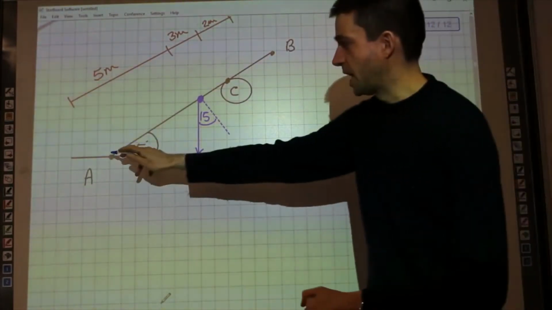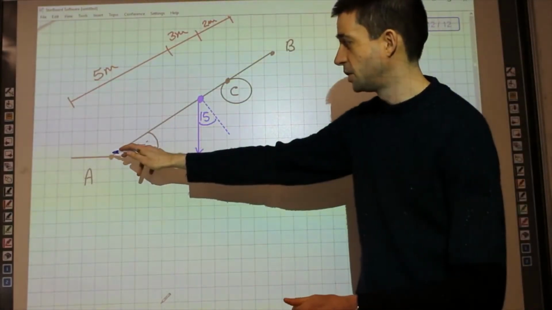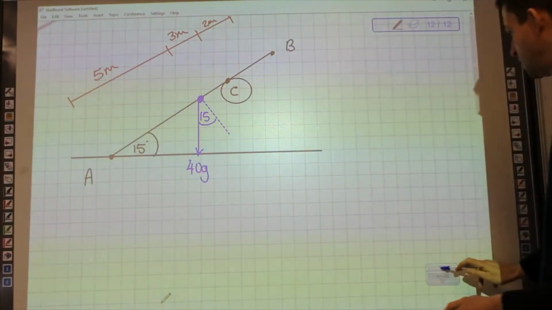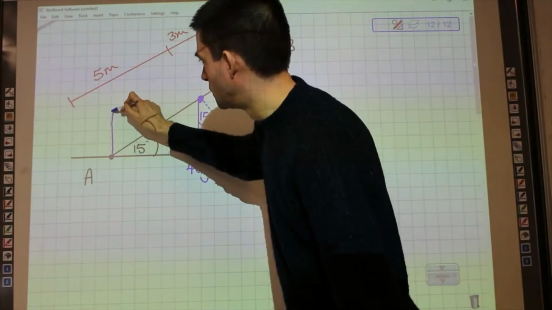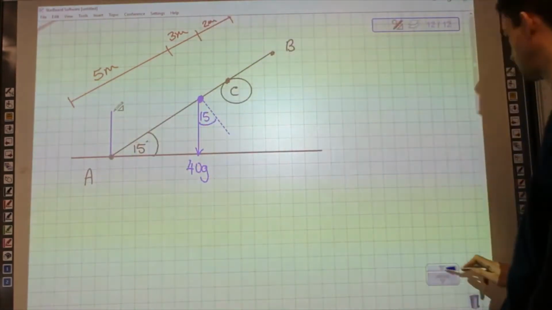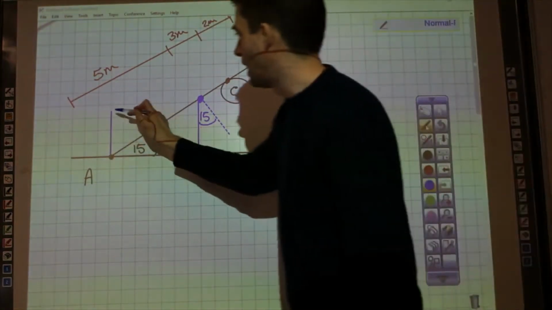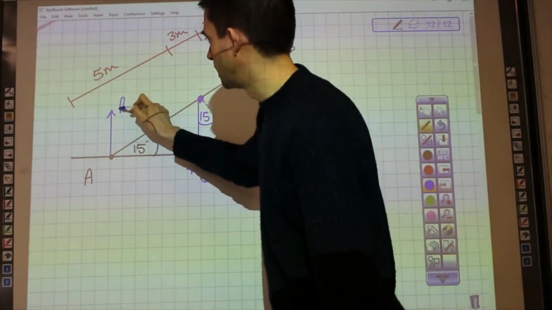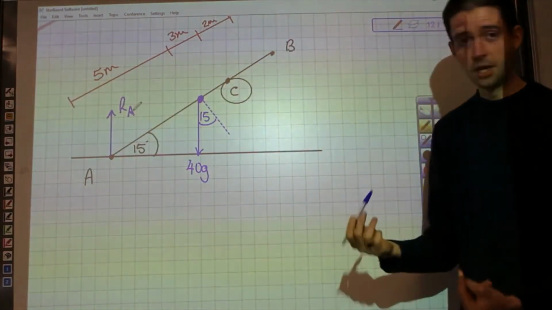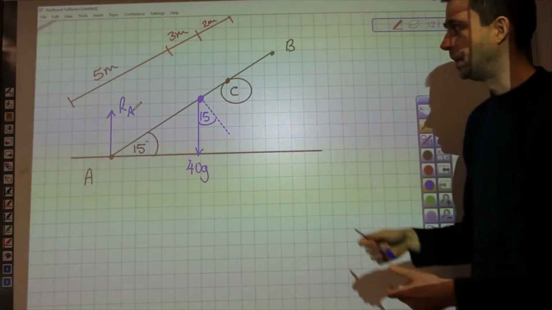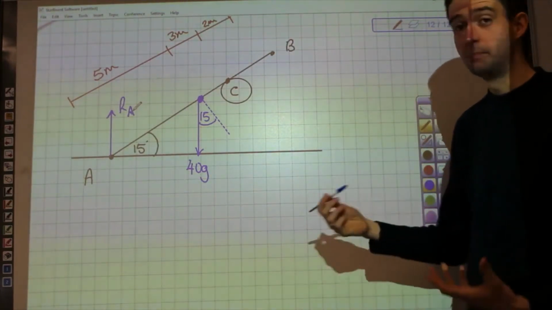Because we have contact between the end of the rod and the ground, there must be a reaction force at A, and that reaction force will act perpendicular to the ground at the point where A is in contact with the ground. And I'm going to label that reaction A because there's another reaction force which I'm going to label, so I don't want them both to be labelled R.